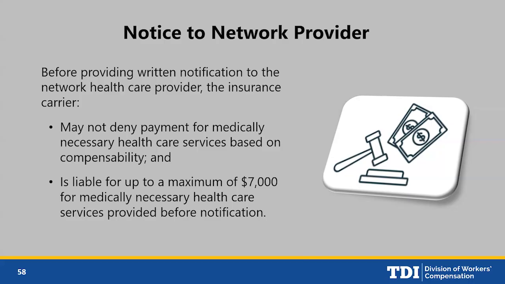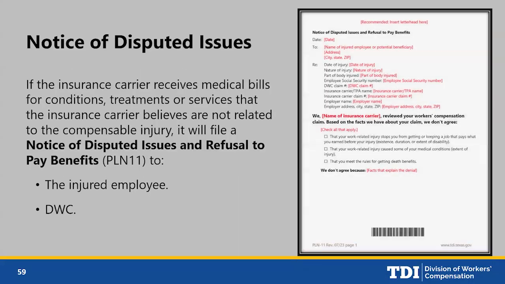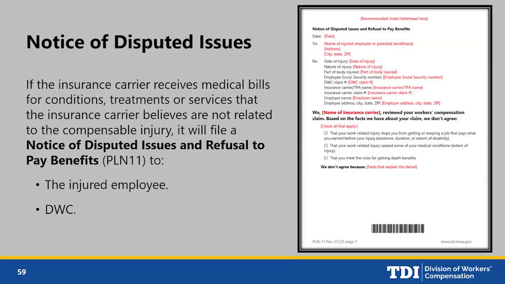So a little bit of special twist on the network side. Again, even if they're denying the entire claim, the carrier may be liable for some of the medical services up until the day they notify you. So that is the PLN 1, which is the denial for the entire claim.